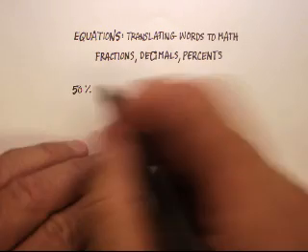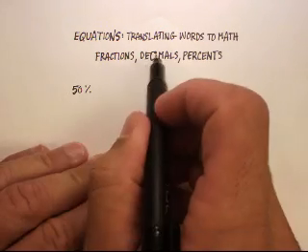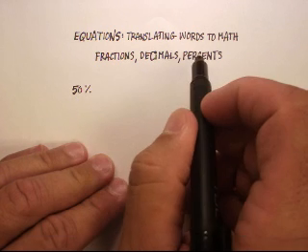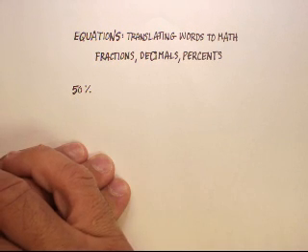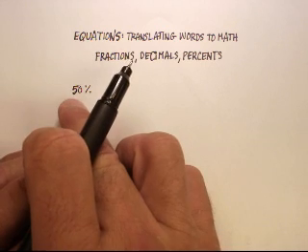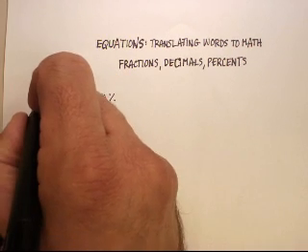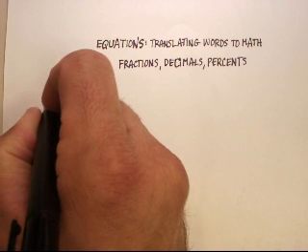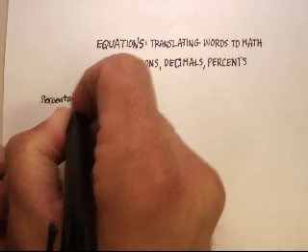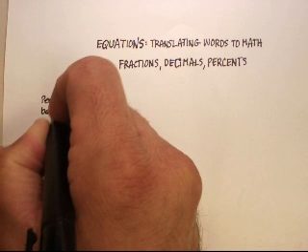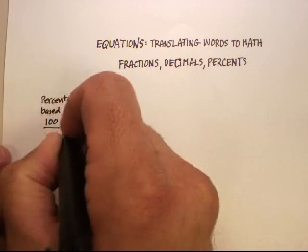Let's say you want to know 50% of some number, okay? What's the decimal equivalent of 50%, and what's the fraction equivalent of 50%? Well, percentages are based on 100. So that's something to keep in mind. Percentages are based on 100 as a denominator.